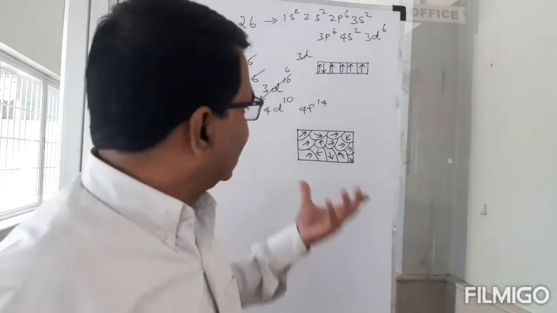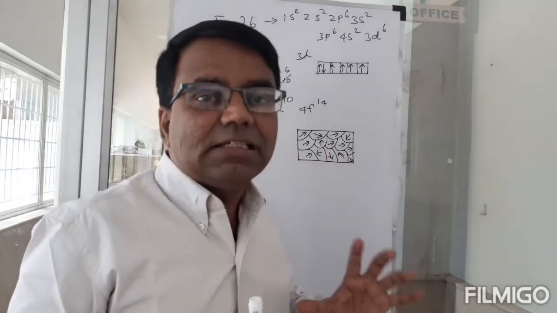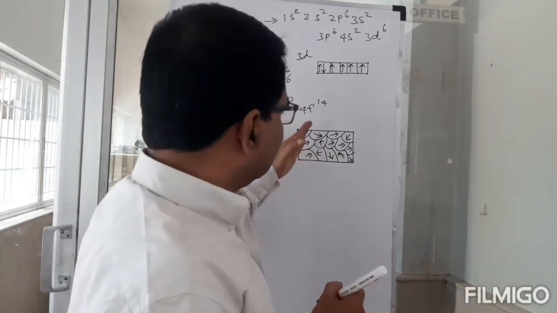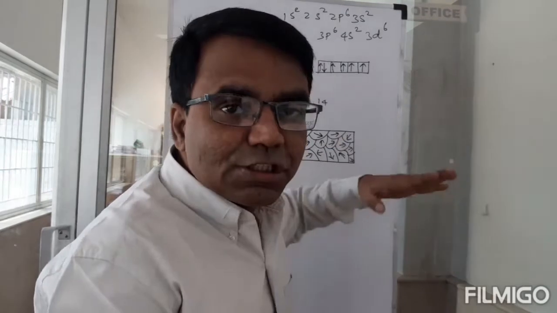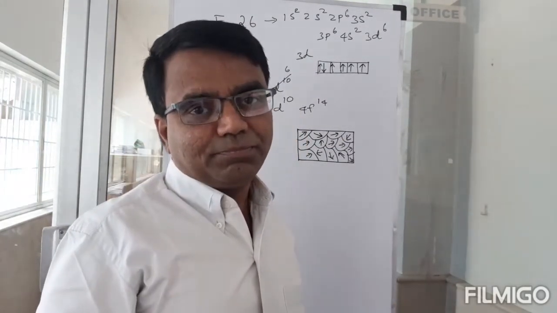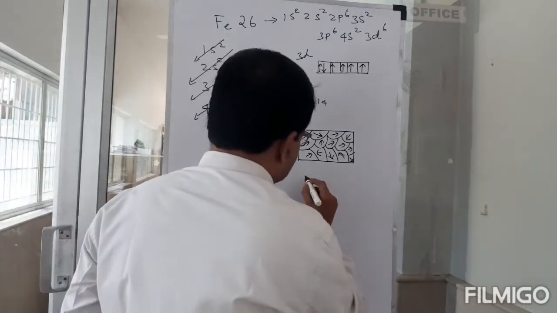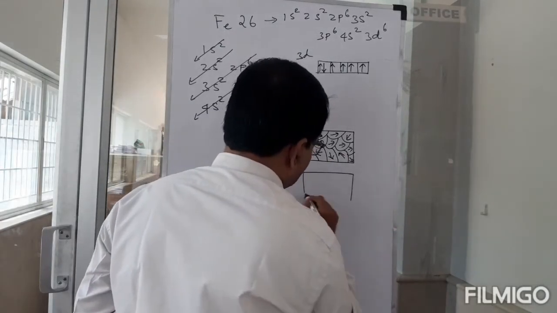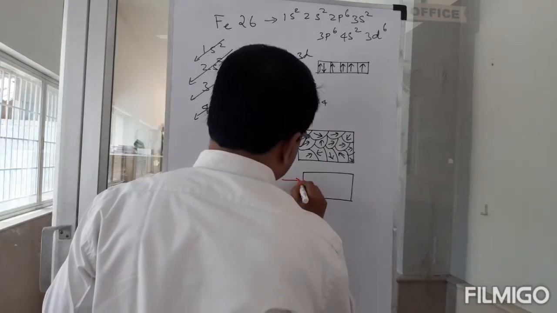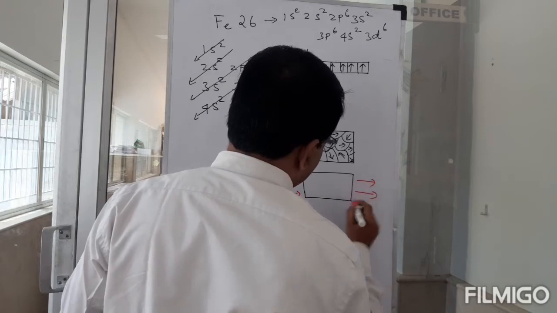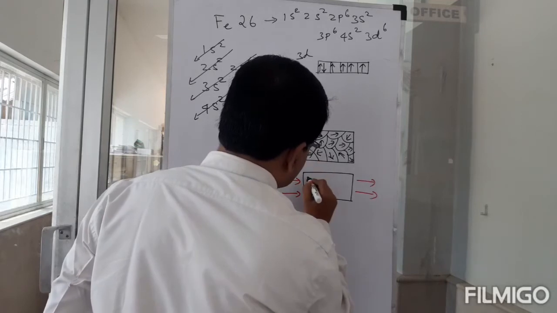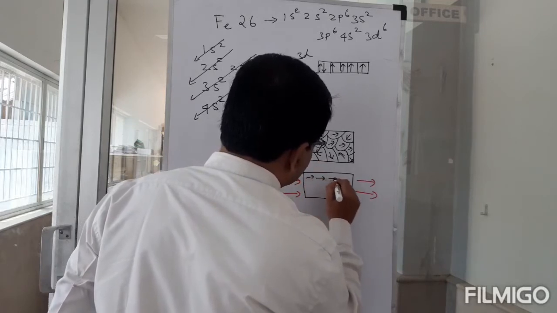But what will happen if I take this material and place it in an external magnetic field? Then clearly all these things will try to align to the applied magnetic field. So you see that when this magnetic field is applied like this, all these domains will try to align like this.